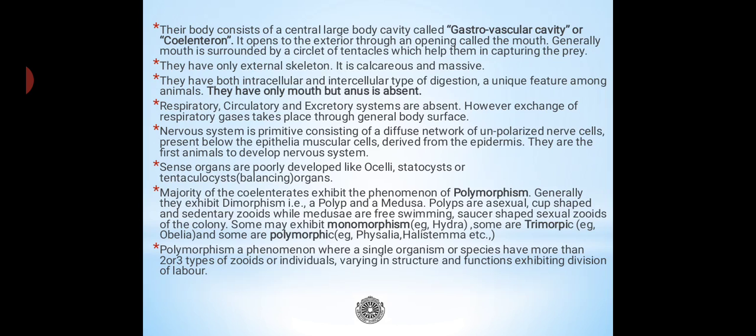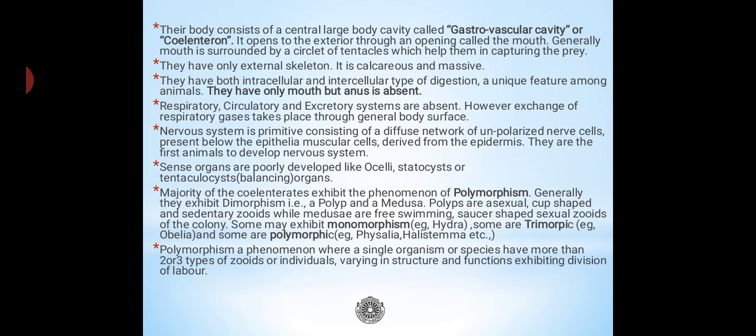They are the first animals to develop nervous system, but in a very primitive way. Sense organs are poorly developed, like ocelli, statocysts, or tentaculocysts, which are the balancing organs.